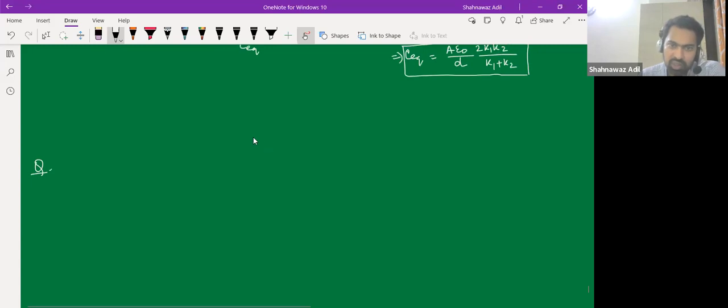Okay, the next question is like this. You have this parallel plate capacitor, right?